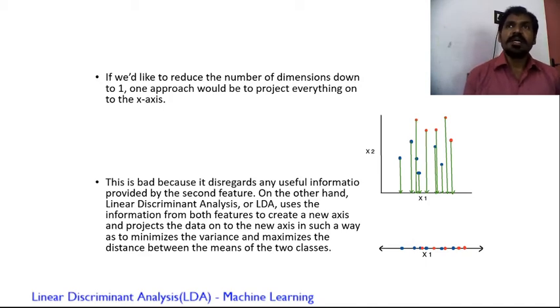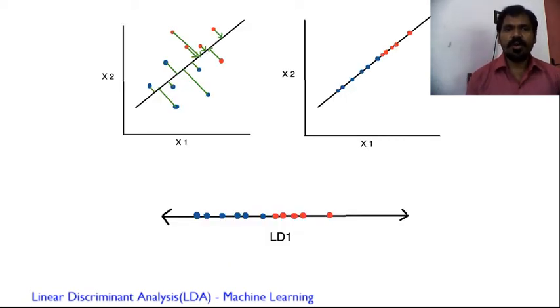In PCA, we project onto lower dimension space and maximize the variance. But here, it maximizes the variance, and it is also trying to maximize the distance between the means of the 2 classes. So here you can notice, say we have x1, x2, the plotted data points, and we draw the line that seems to be the best fit, and we project all the data onto that line, and we simply rotate it so that it becomes x1.